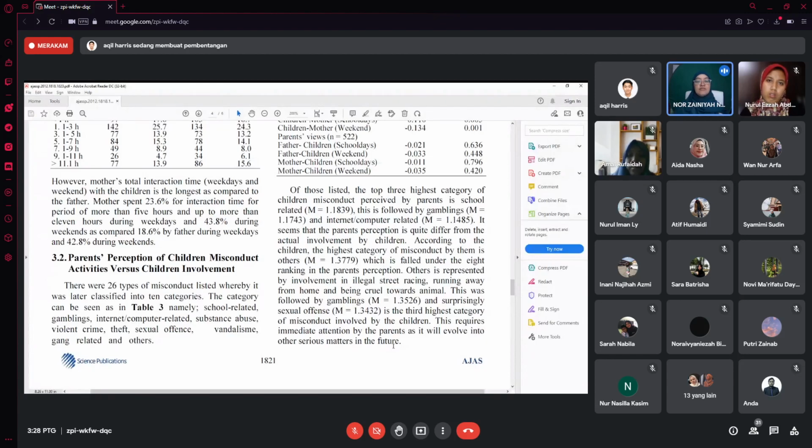So that is low, and the highest would be with regards to sexual offense. What else? Gambling. Okay, and that is considered bad.